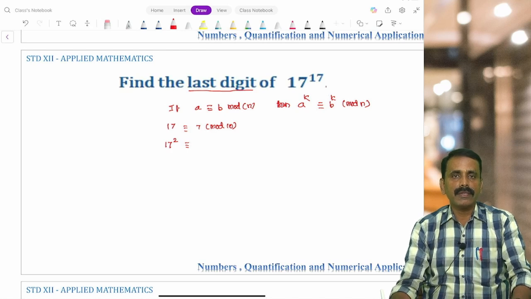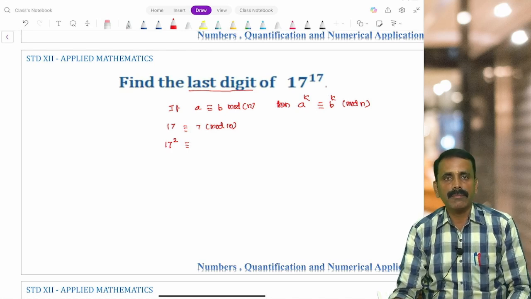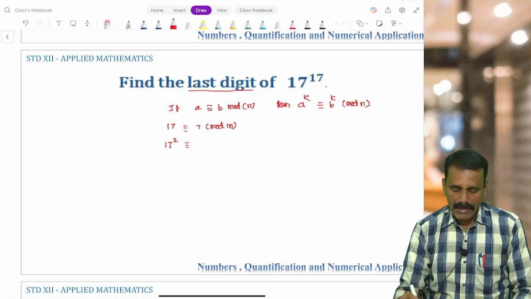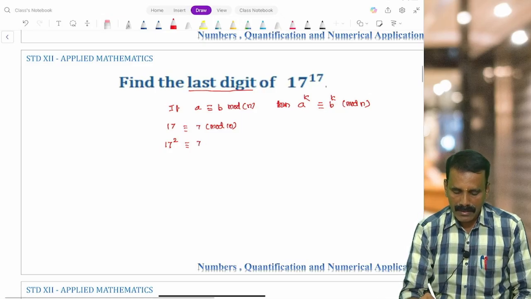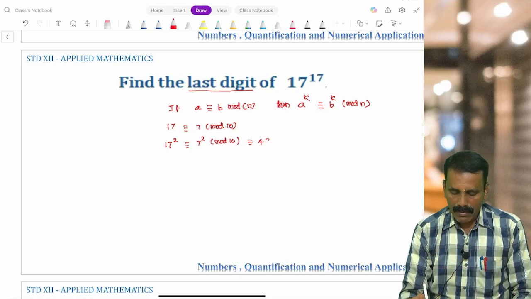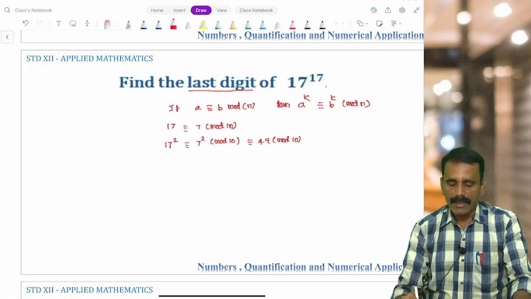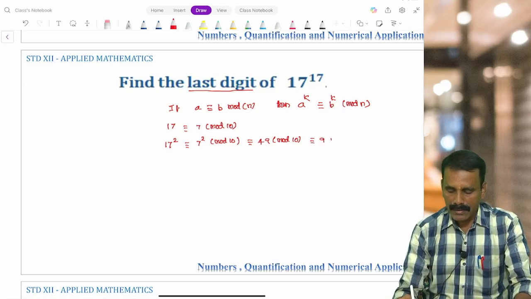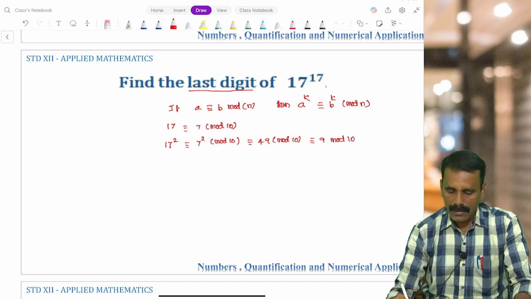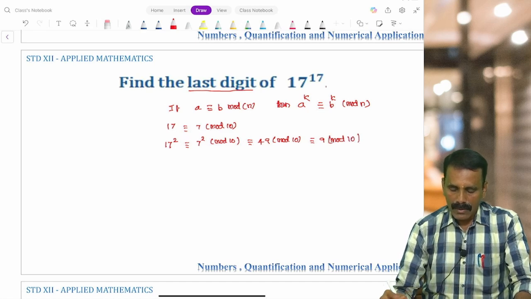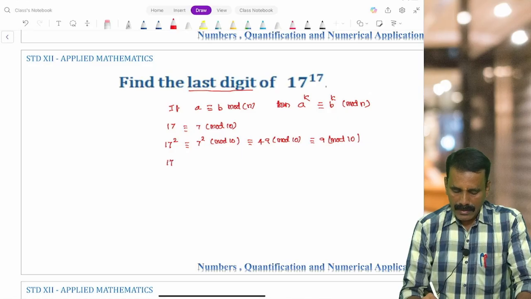Because when you divide 17 by 10, the remainder is 7, or 17 minus 7 is divisible by 10. 17 square gives us 7 square mod 10. 7 square is nothing but 49 mod 10. Now when you divide 49 by 10, the remainder is going to be 9. Now 17 square is congruent to 9 mod 10.